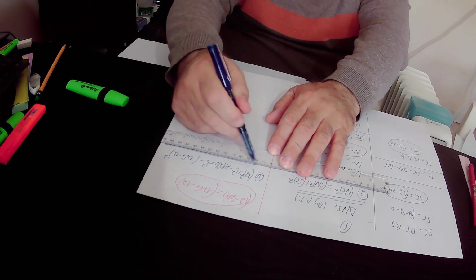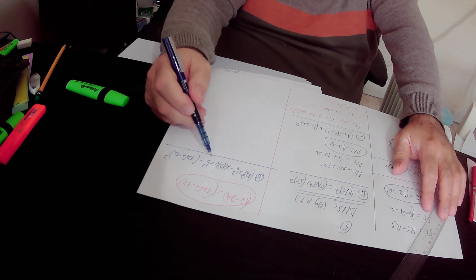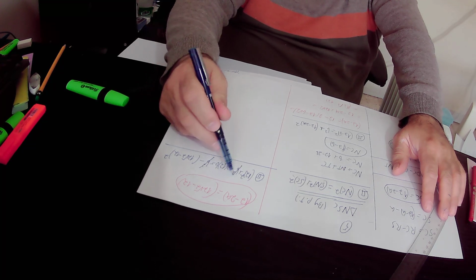and here we have B squared on both sides of the equation, so B squared will get cancelled.